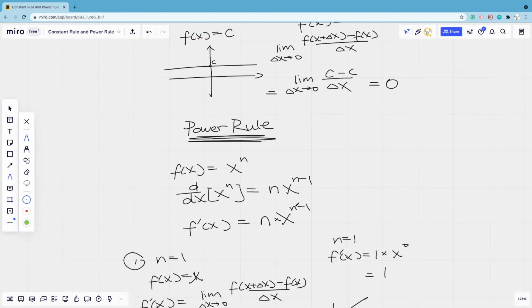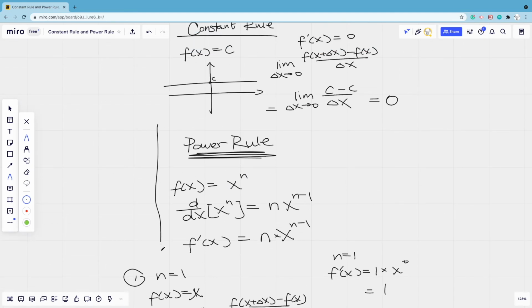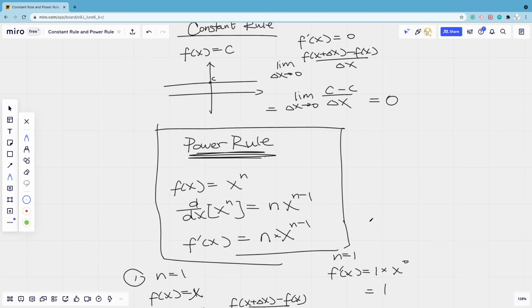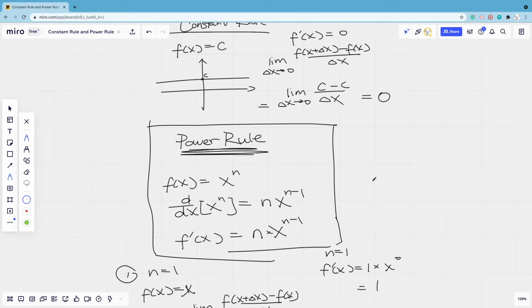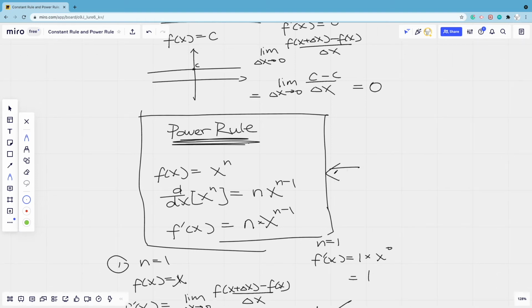So I hope that right now you're already convinced that this is true. But how do we know that this is true for all the positive integers? And furthermore, how do we know that this is true for any number n? Let me tell you guys a little secret.